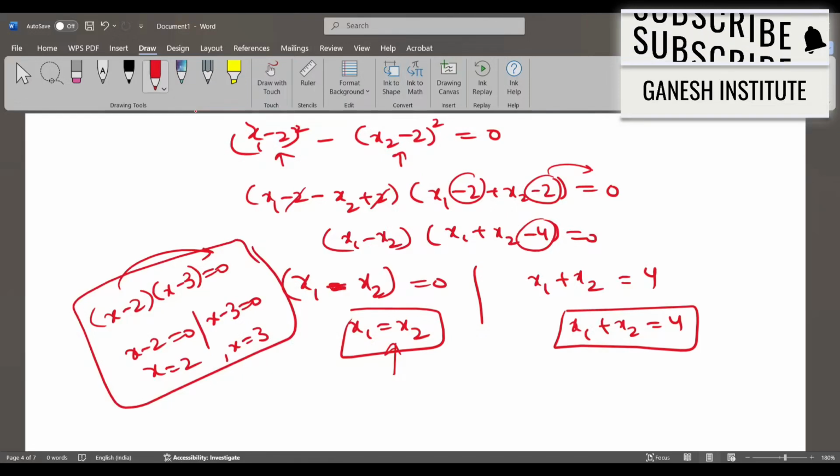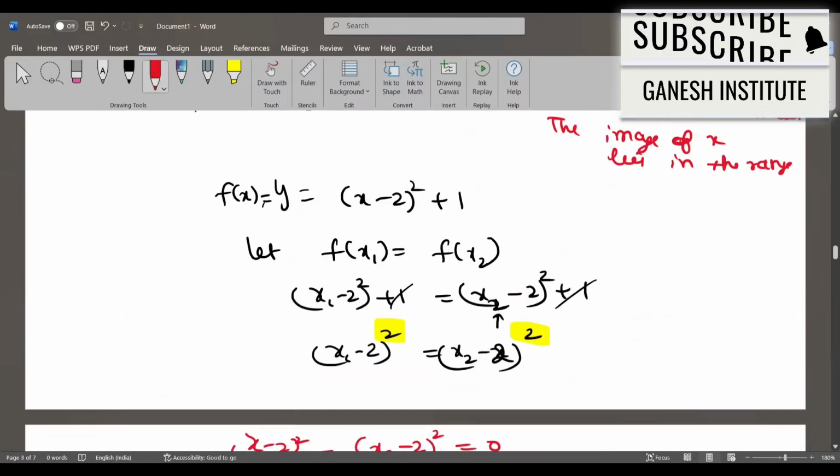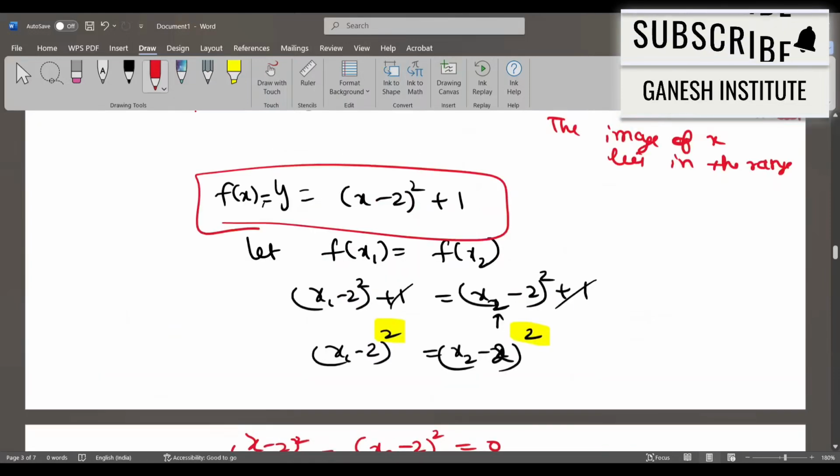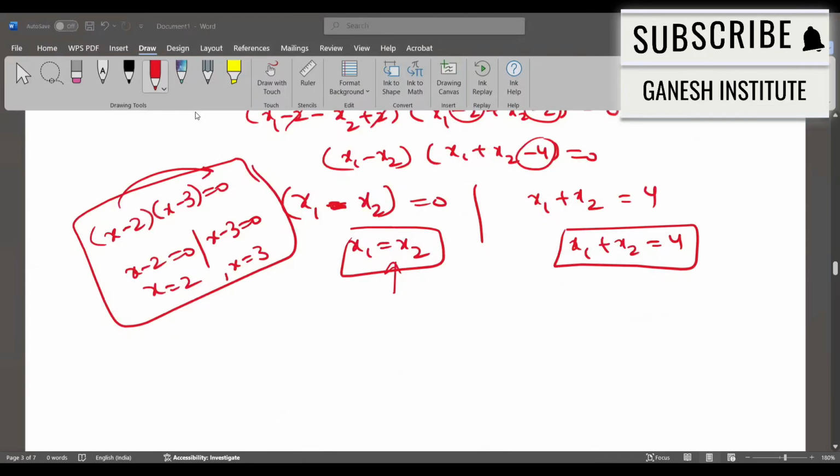So every single time, you assume f(x1) is equal to f(x2), and you get x1 equals x2. Then you will say that yes, hence function is one-one.